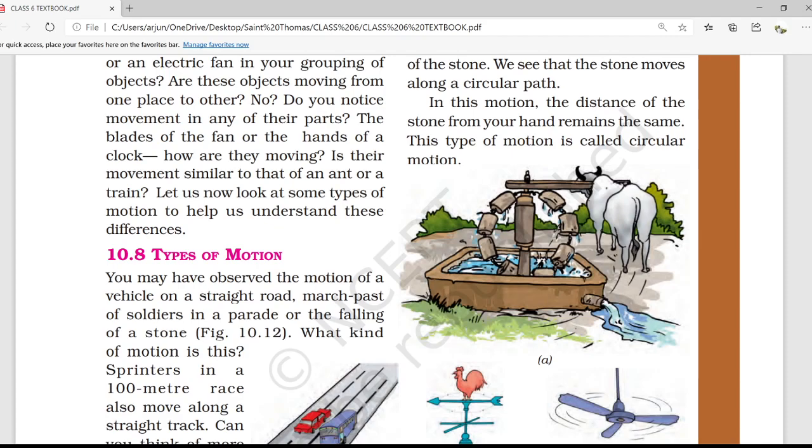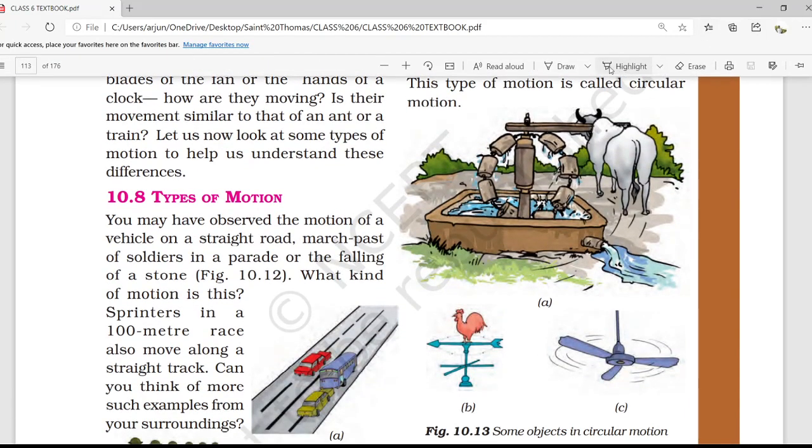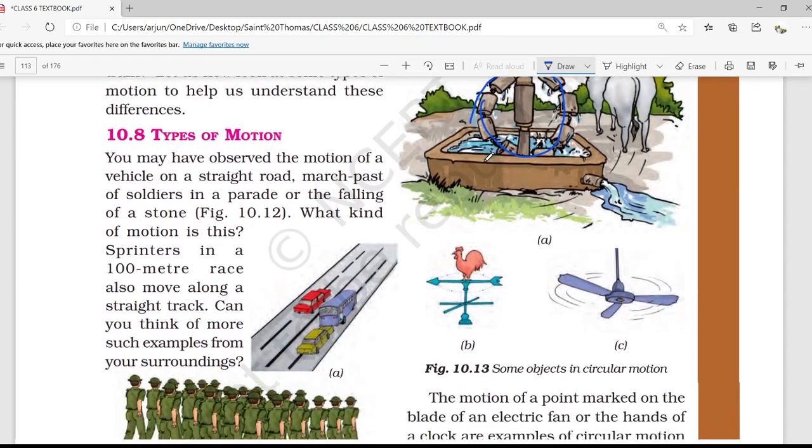So in this type of motion, the distance of the stone from your hand remains the same. This type of motion is called circular motion, right? Here in the figure also you can see this motion. This is circular.